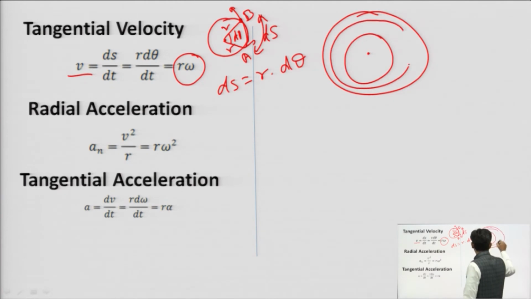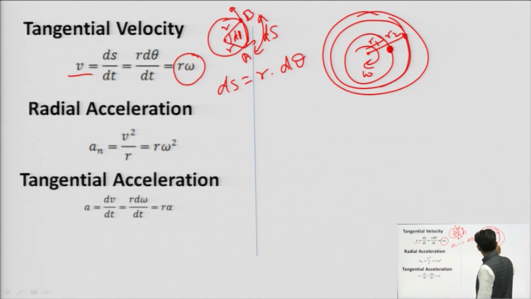If in a plate which is rotating with constant speed omega, one ring has distance r1 and another has distance r2, then the outer ring will have higher velocity as compared to the inner one. The extreme edge of the plate will have the highest tangential velocity, because the value of r is continuously increasing.